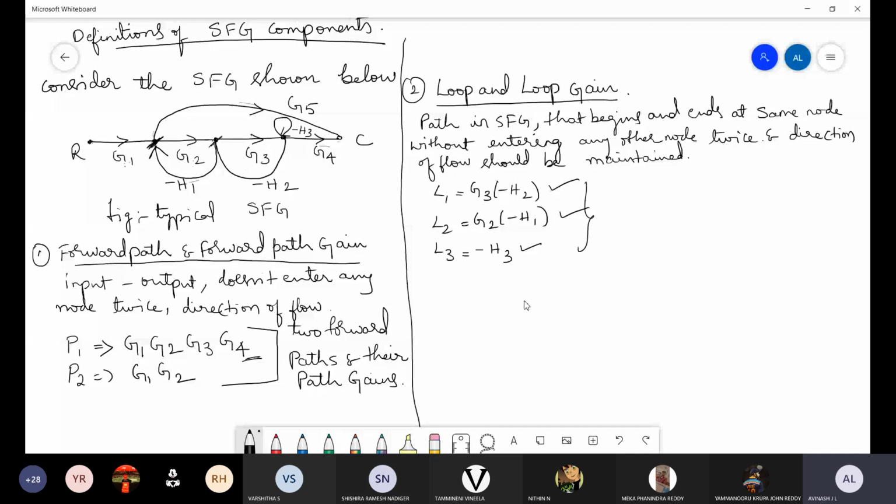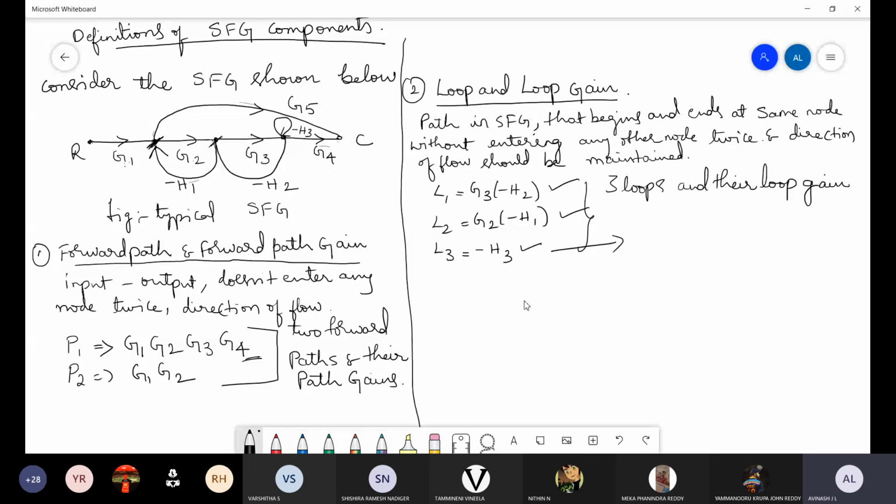Yes, sir. 3 loops and their loop gains. Is it clear to you, all of you? So now we can see that H3 is there, no?